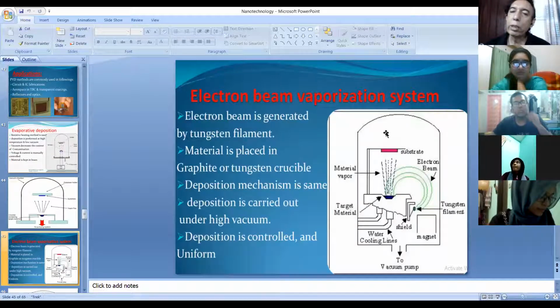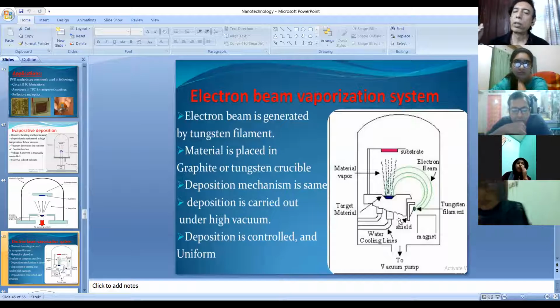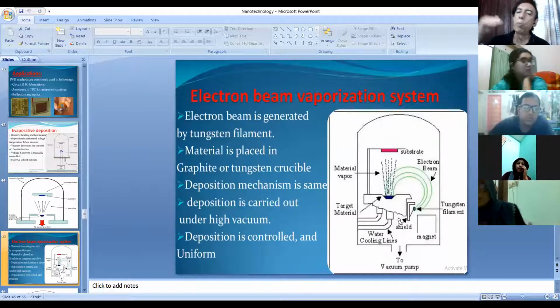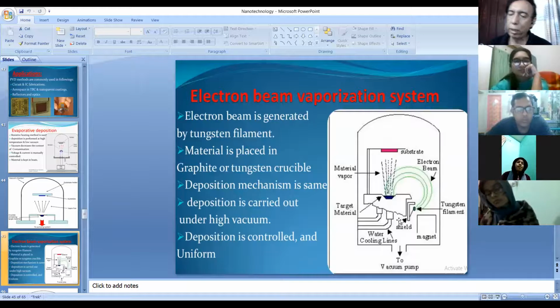It requires a high vacuum here, and then from the electron gun, an electron beam is allowed to bombard the target material.